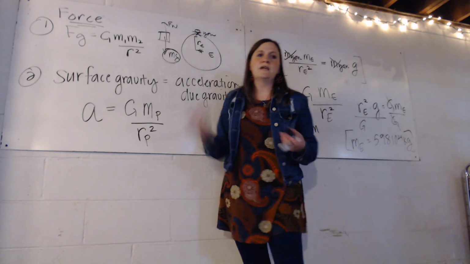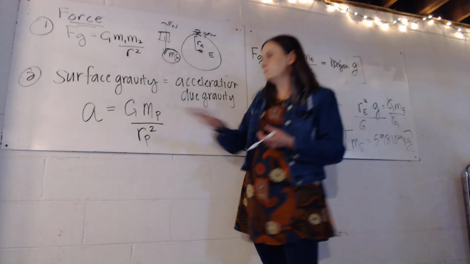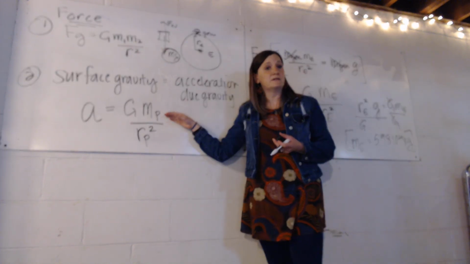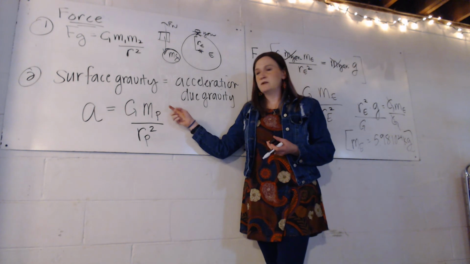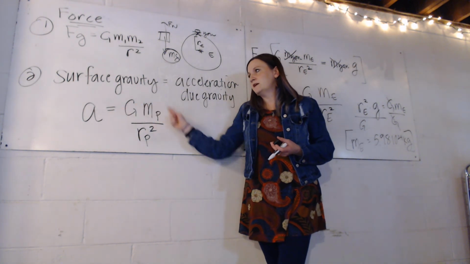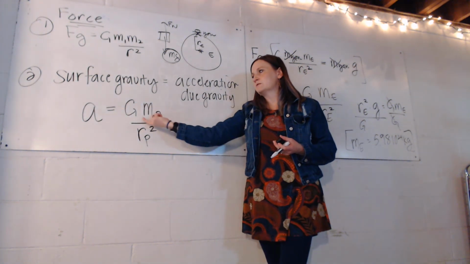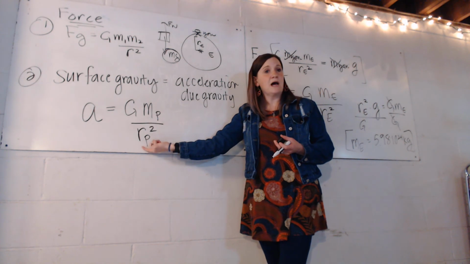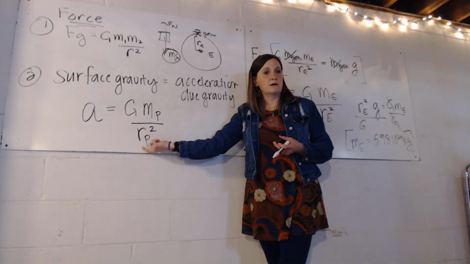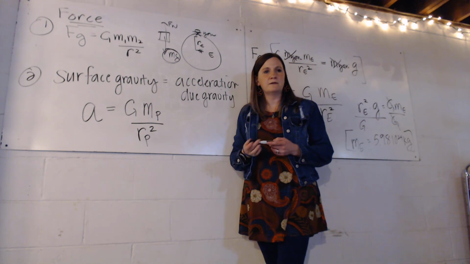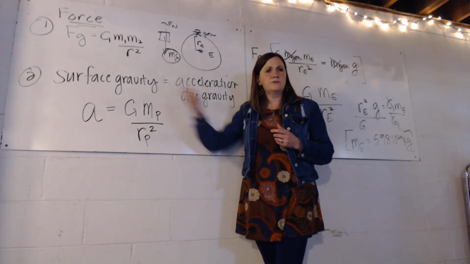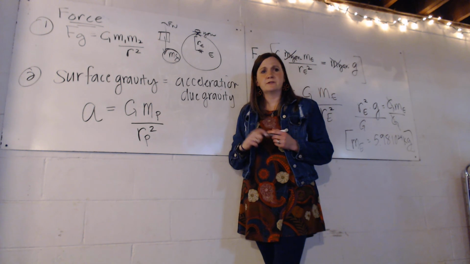And this proves again what Galileo said, that all objects, and this would be true on other planets and stars as well, fall at the same rate if we ignore air resistance, because they're all accelerated by gravity, and to find that acceleration, it depends only on the mass and the size of the planet or star in question, not at all on the mass of the object that's actually falling. So, in a nutshell, this is how we find surface gravity.